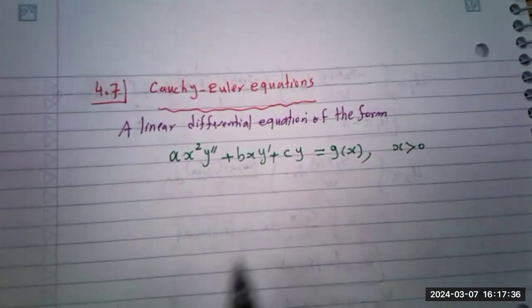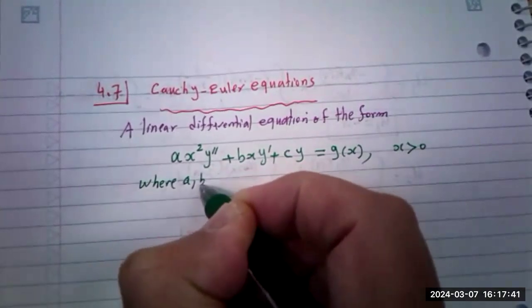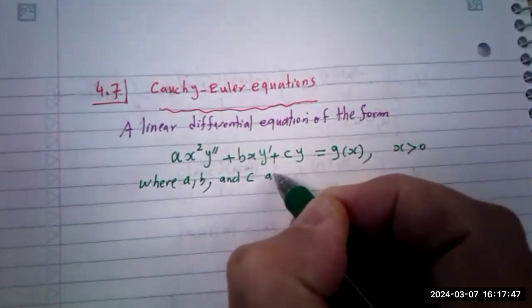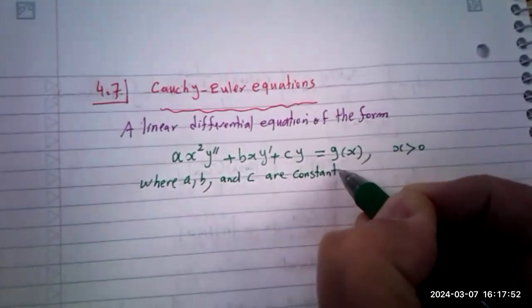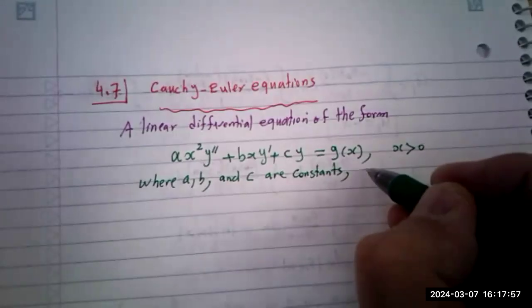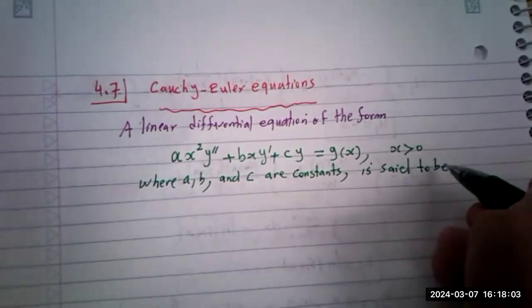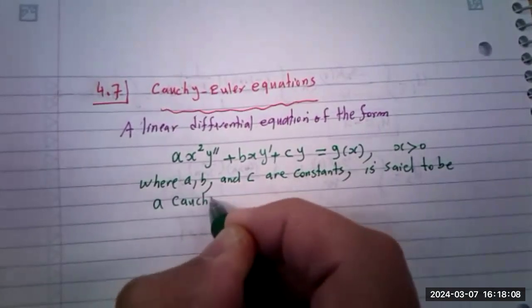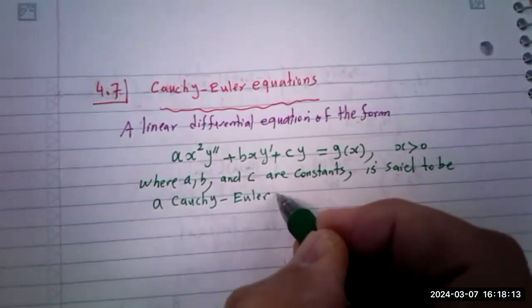Of course, these are numbers, where a, b, and c are constants. An equation of this form is said to be a Cauchy-Euler equation.